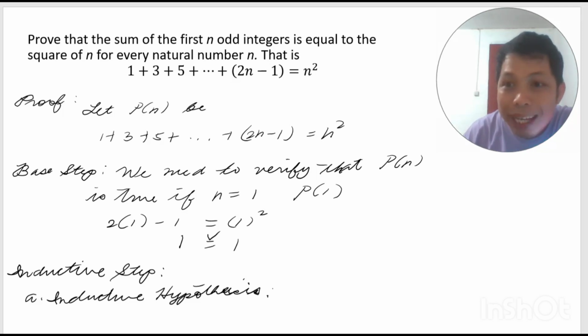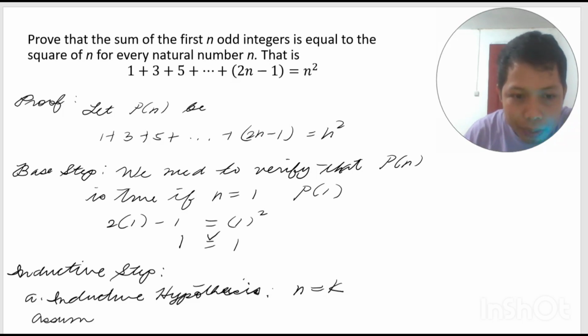P of k is true. In our hypothesis, here n is equal to k, meaning we will assume that P of k is true.